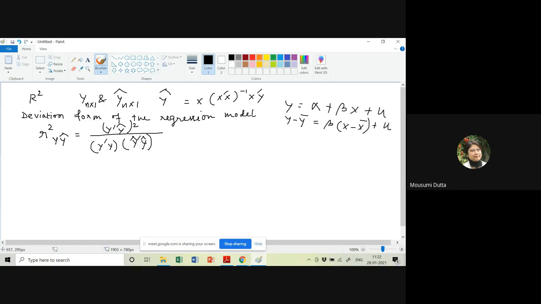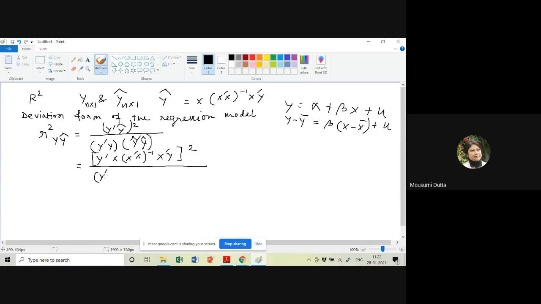Okay. So once I write the definition in this format, in the numerator, y prime I am keeping as it is, and in place of y hat, please put this value, x prime x inverse x prime y, and we are taking the square of this.